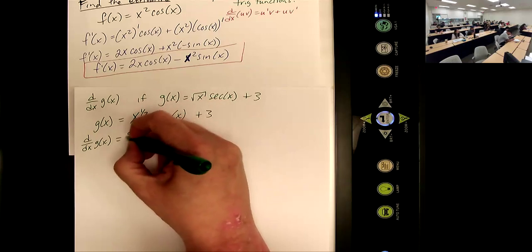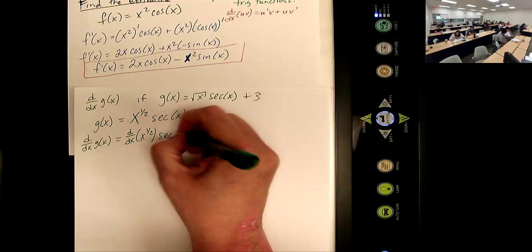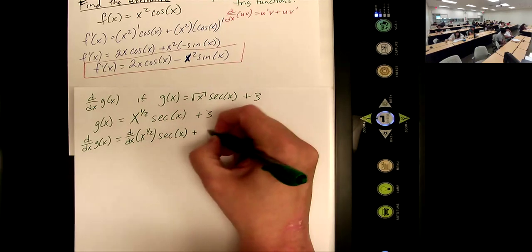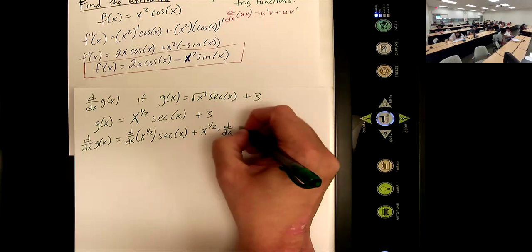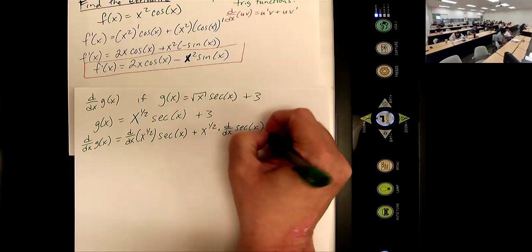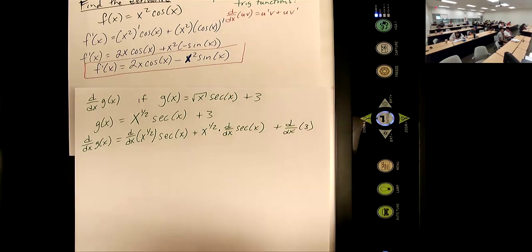So I'll do the derivative of the first times the second, plus leave the first alone times the derivative of the second. And then we add the derivative of 3. Just writing out what I'm doing, and using d/dx rather than the prime notation now, just to get you used to seeing it both ways.